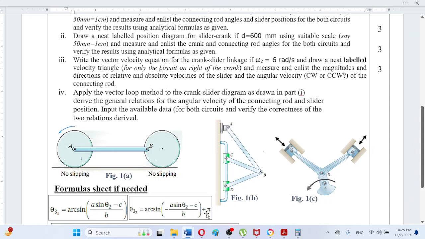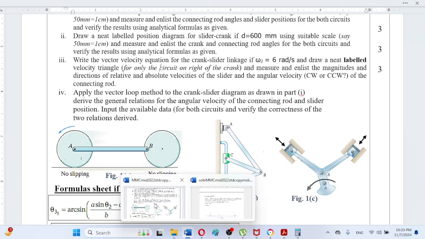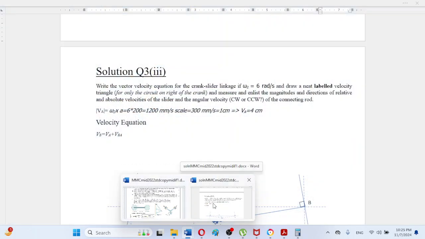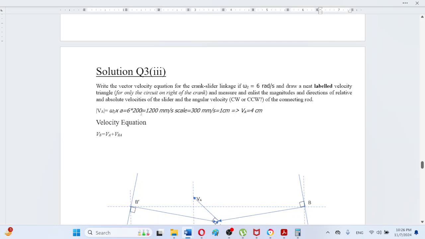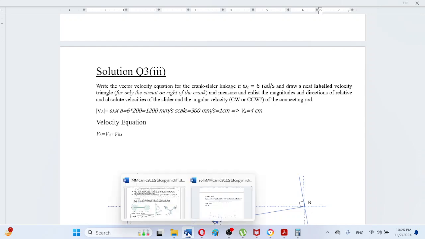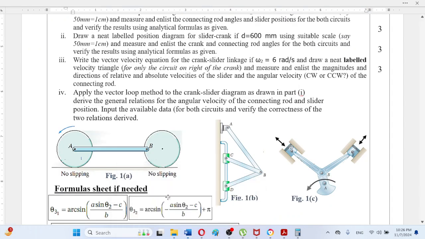So coming toward the solution, as we can observe in the statement, the solution was actually for the crank slider.